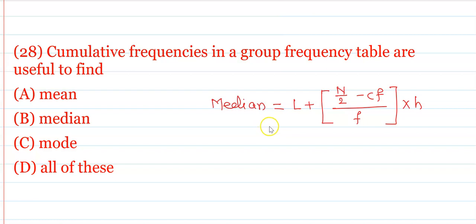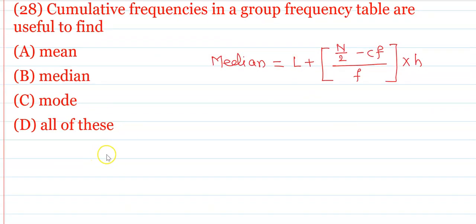Therefore, the cumulative frequency in a group frequency table is useful to find out the median. Therefore, the correct answer for sub question 28 is B.